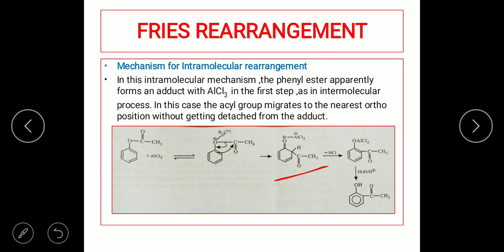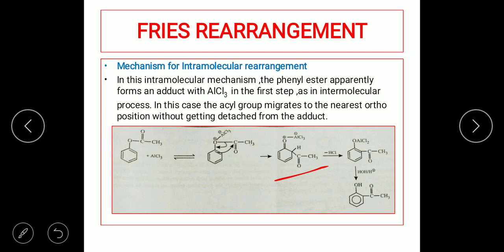So once the bond between oxygen and the carbonyl group is detached, oxygen is going to get a negative sign because it is more electronegative. It is going to pull the electrons towards itself. Now the remaining is the acyl group, which is going to get a positive charge.